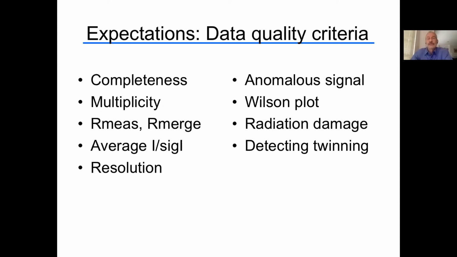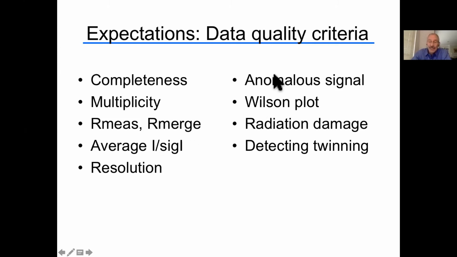So some of the expectations for data quality are listed here, and most of these are showing up in the table 1 that I described: the completeness, the multiplicity, how many times you've measured individually reflections that have the same intensity, the R factors, the R merge, the R pim, the precision indicating R merge, the average intensity to the standard uncertainty, or the sigma, or the signal to noise ratio, what's the resolution of the data.